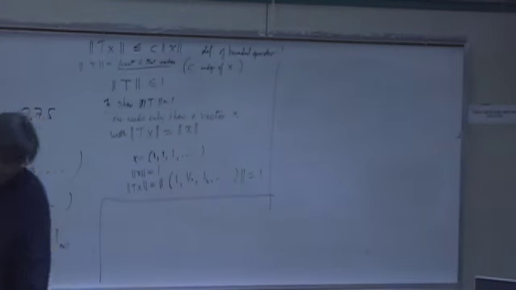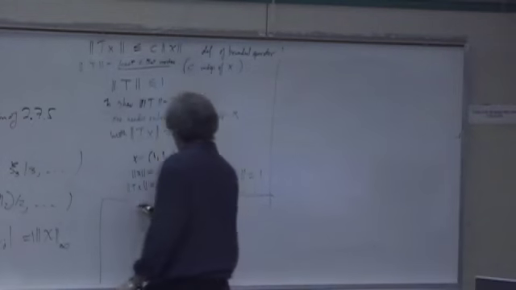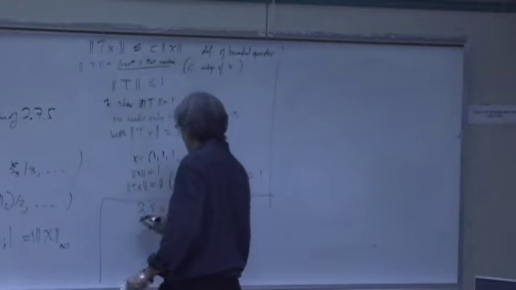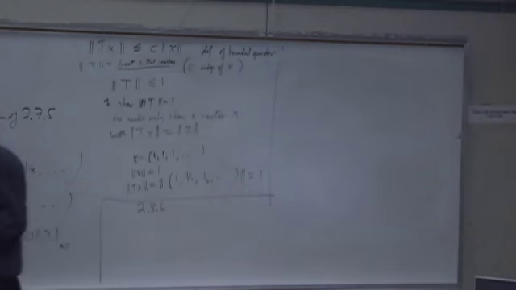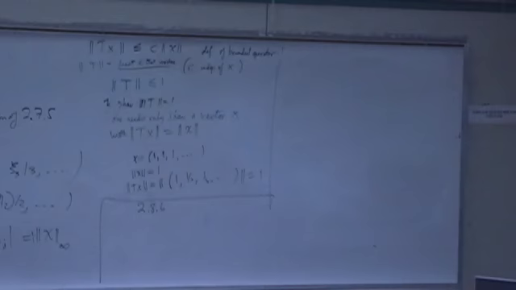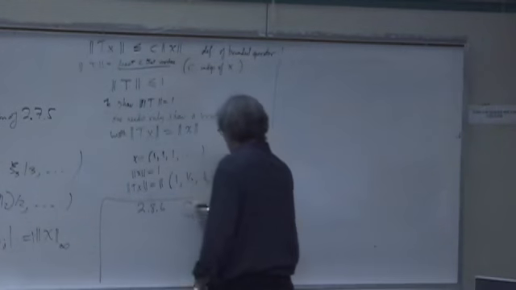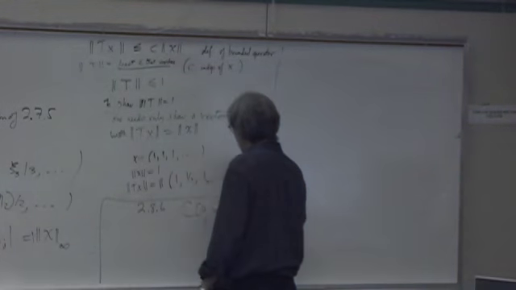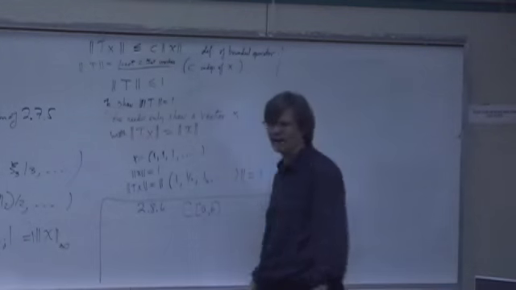The second question on the homework was problem 2.86. That's a little bit more interesting. They give you two spaces. One is C[a,b], continuous functions on the closed interval, which you may take to be the unit interval if you so desire.